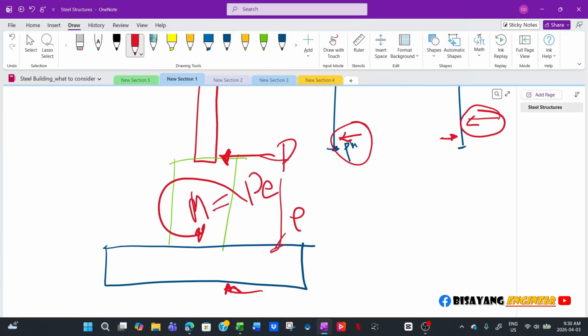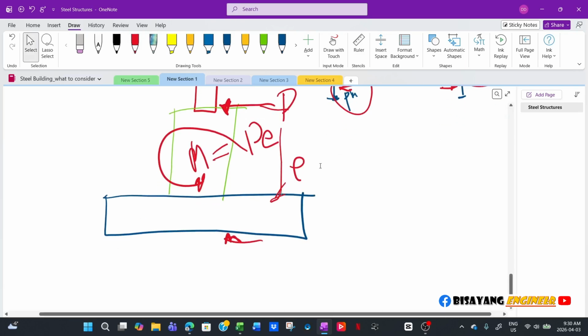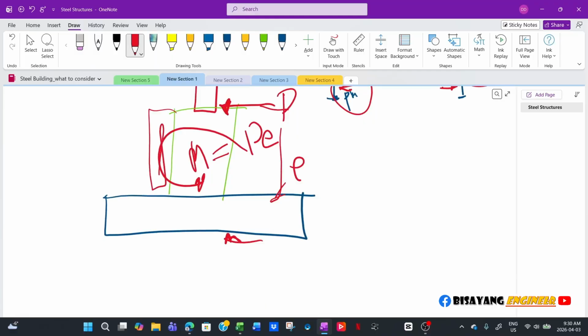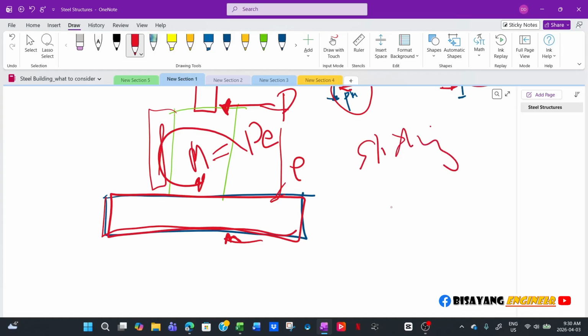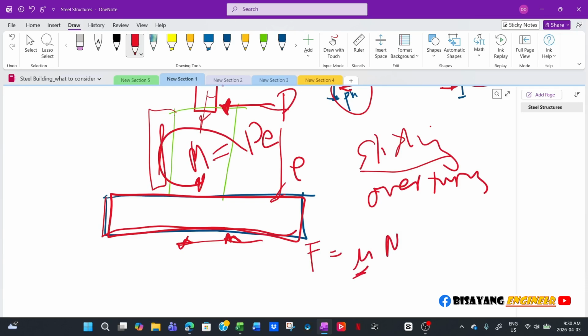You can neglect the passive resistance from your footing and from the soil, and design this to resist sliding and overturning. For sliding, you have a heavy structure anyway, so you have your frictional force, which is equal to mu times N, where mu is the coefficient of friction between concrete and soil.